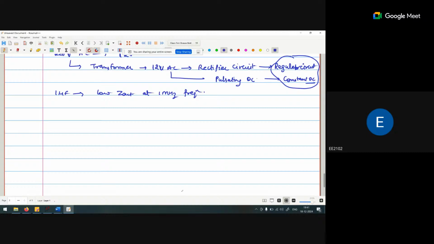Or we can say 1 megahertz is the center frequency, say 0.9 to 1.1 megahertz. But what about other frequencies? If I provide more than that frequency or less than that frequency, the Z out value will increase. So we have to operate my device over a longer frequency band, so we are using multiple capacitors.